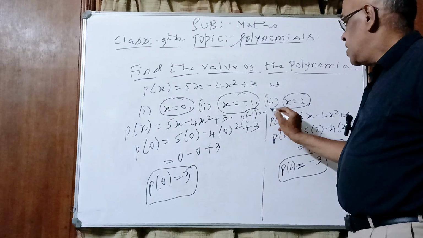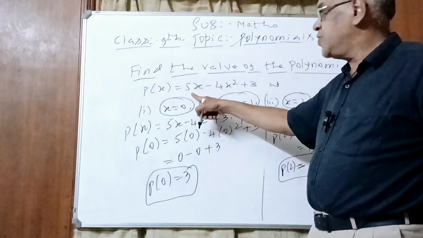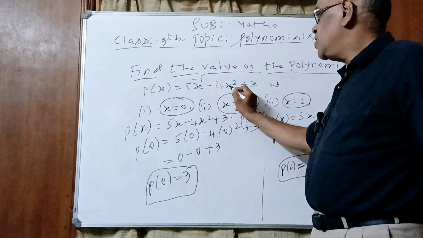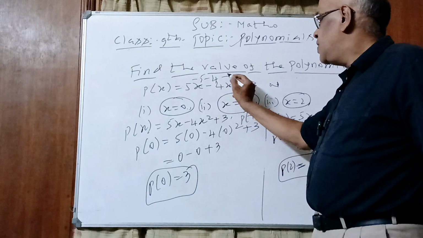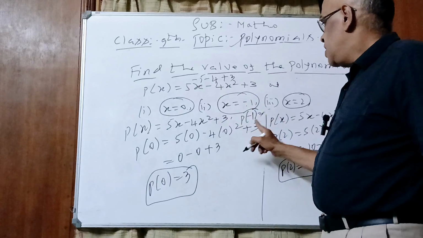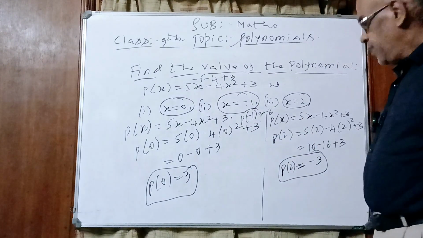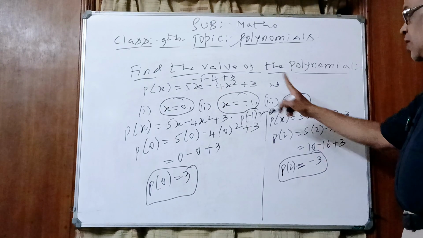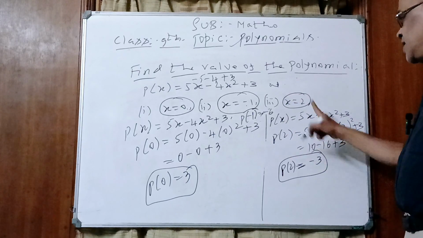Put minus 1 here. 5 into minus 1 is minus 5. Then minus 1 squared is 1, plus into minus is minus. Then plus 3. What was the answer here, children? It was minus 6. Then at x is equal to 2, the value of P of x is minus 3. So the value of the polynomial is minus 3 at x is equal to 2.